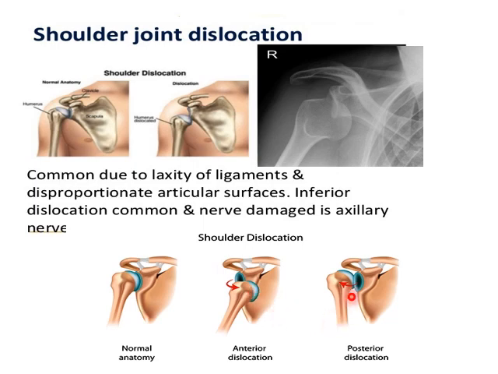There can be posterior dislocation where the head moves posteriorly, and there can be inferior dislocation where the head moves inferiorly. And this is the most common type of dislocation, as there is laxity of the fibrous capsule inferiorly.